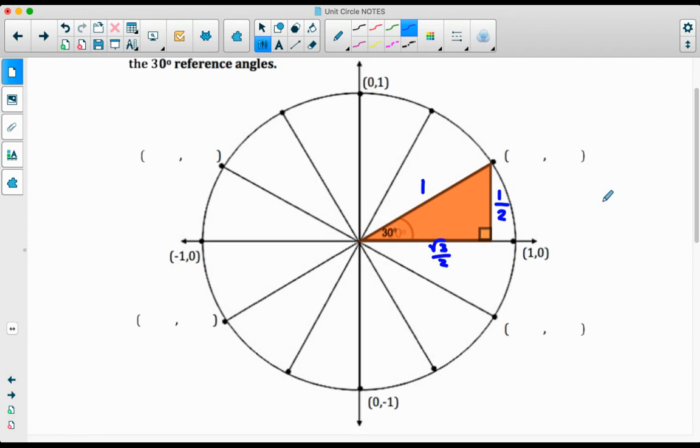So the coordinate that corresponds to this 30-degree angle is we've gone over radical 3 over 2 in the x direction and 1 over 2 up in the y direction. This, of course, is a 30-degree angle, and in terms of radians, that angle is pi over 6.